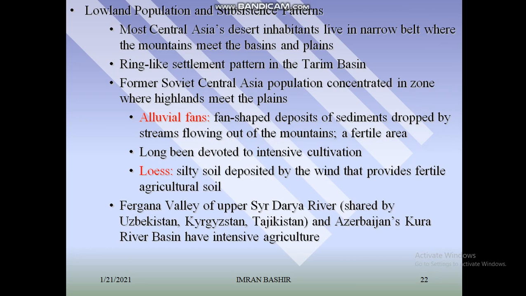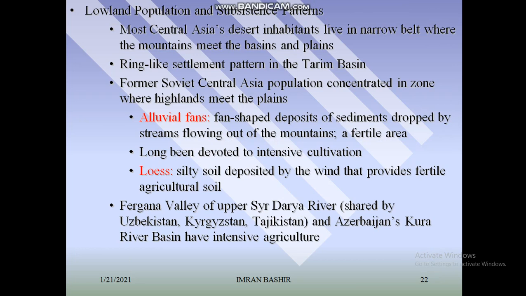Ring-like settlement pattern around the basin terrain. The former Soviet Central Asian population is concentrated in the zone where the highlands meet the plains. Alluvial fans are deposits of sediment dropped by streams flowing out of the mountains, a fertile area long devoted to intensive cultivation. Loess, silty soil deposited by wind, provides fertile agricultural soil.